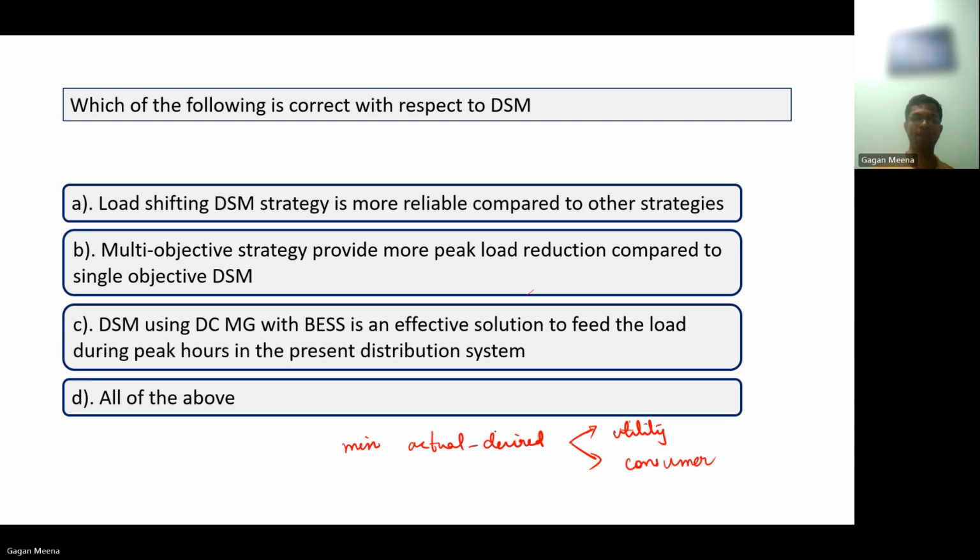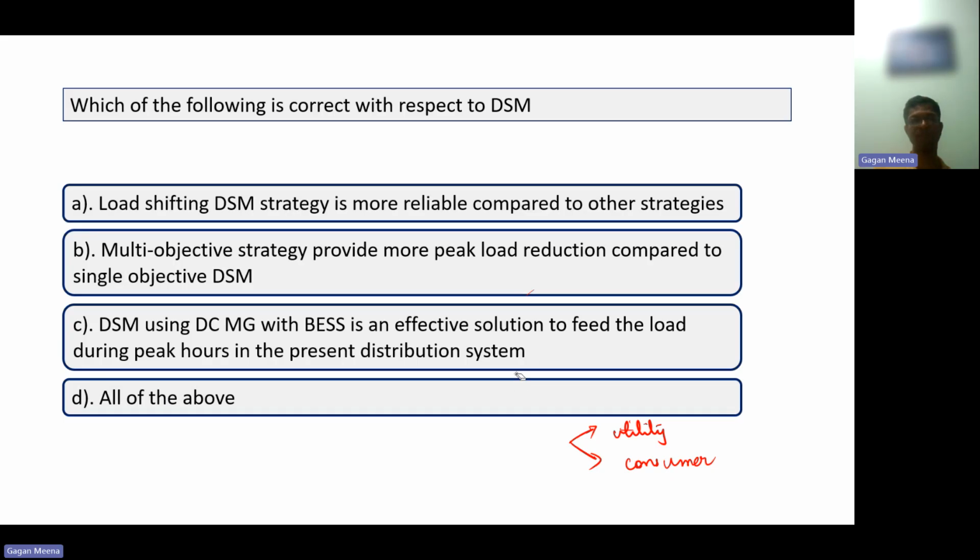Actual minus 0.5 times the desired load curve of the utility and desired load curve of the consumer. And multi-objective would provide more peak load reduction. Load shifting strategy is more reliable as compared to other strategies.